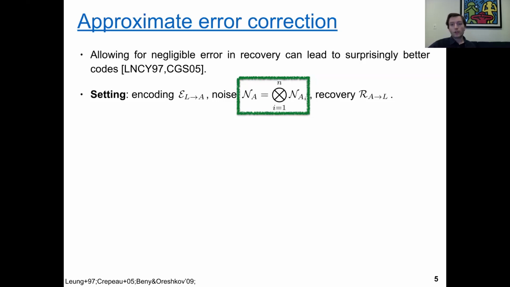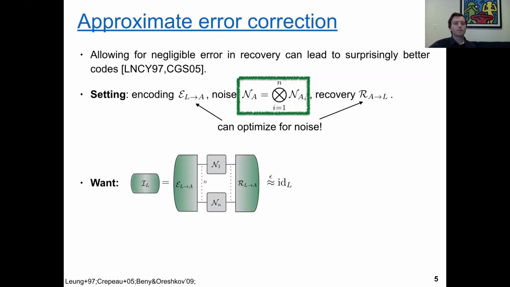And so if we're given the noise affecting our system, what we usually can optimize is the encoding and the recovery operation. We want to pick a code which can handle as much noise as possible, and we also want to be smart with choosing the recovery operator, which attempts at undoing the effects of the noise on the encoded information.